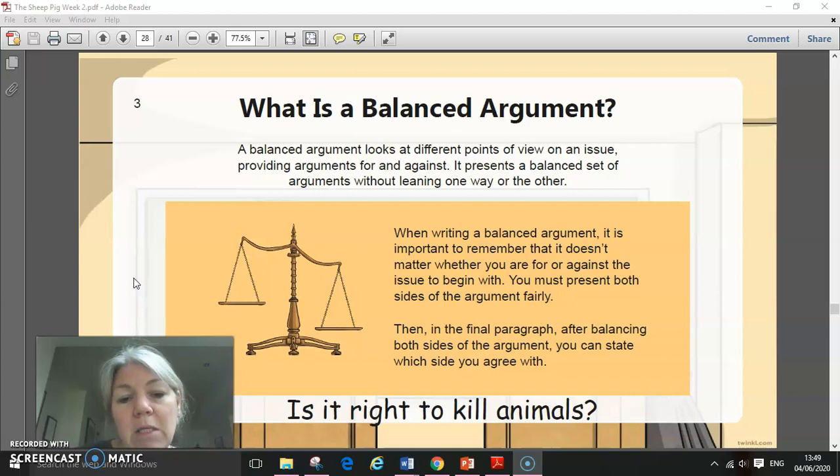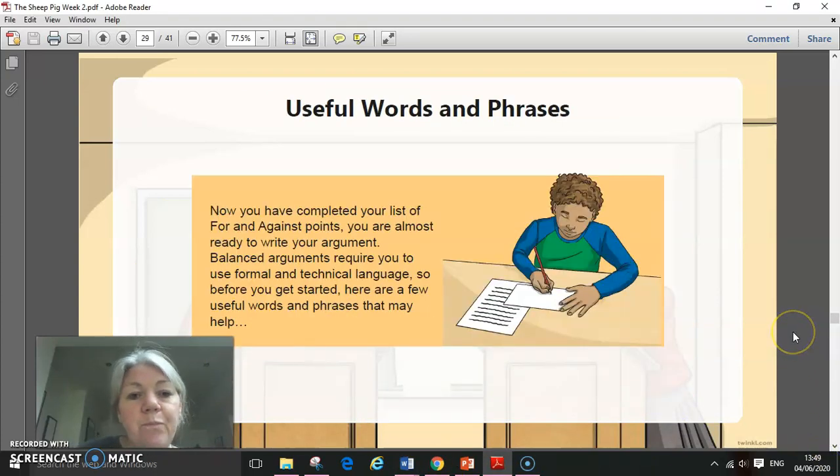So we're not going to be biased, and we're not going to lean to one side of the argument or the other one. We've got to present both sides fairly. So just a quick reminder of what we're doing. You're going to need to have some useful words and phrases here, and we saw these very briefly in session 1.